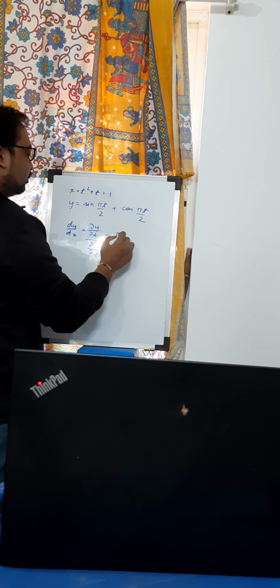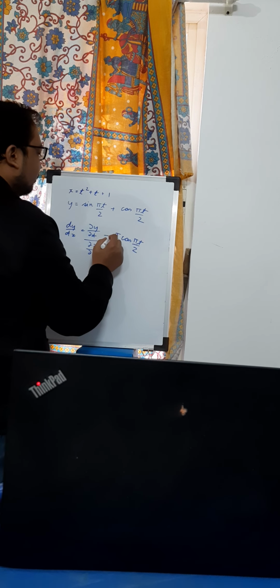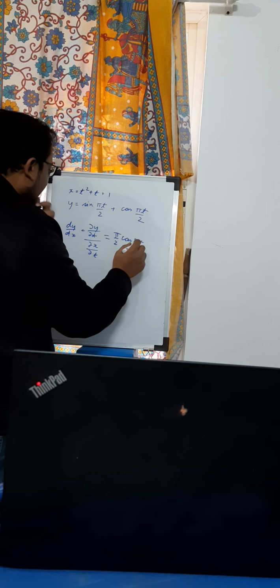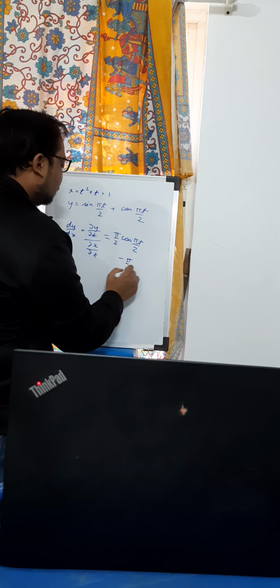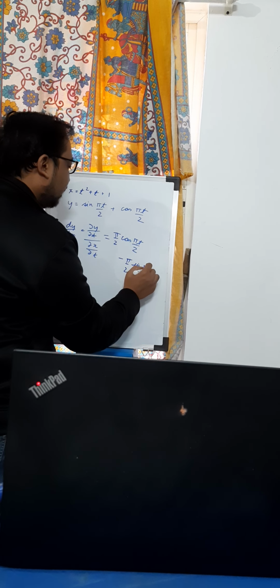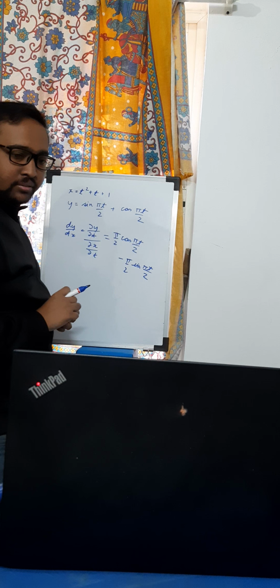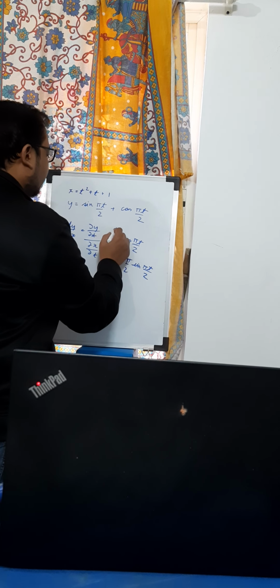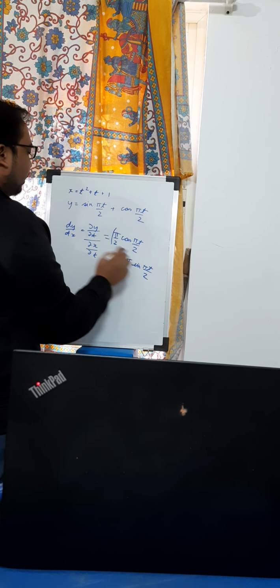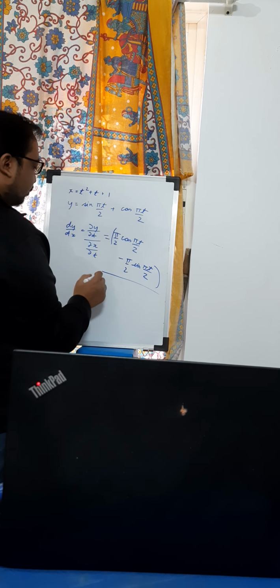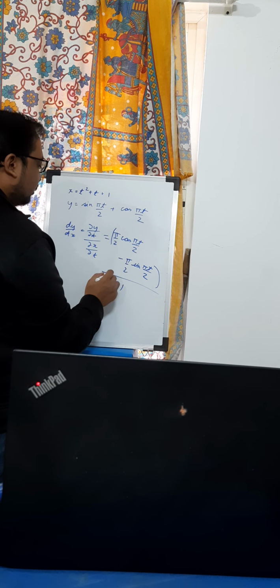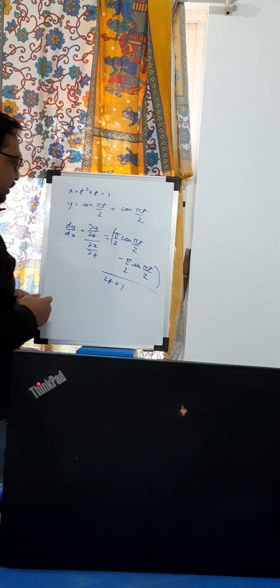Pi by 2 cos pi t by 2 minus pi by 2 sine pi t by 2, correct? So this is the dy by dt, and upon dx by dt, which is 2t plus 1.